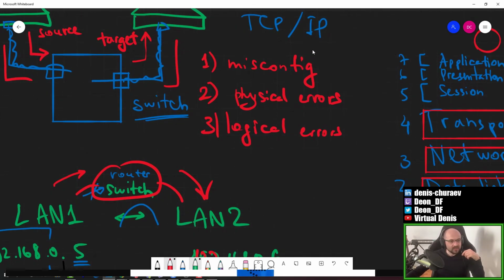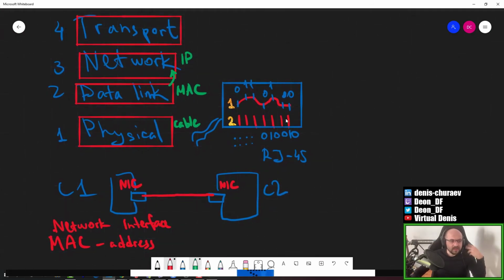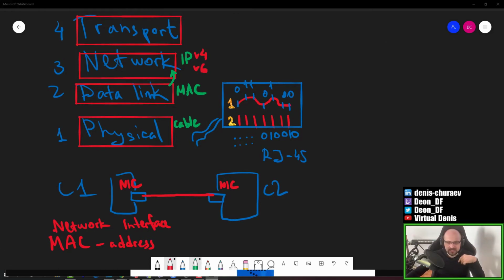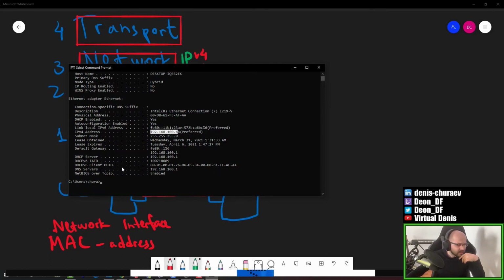Okay, so the IP address exists on the network layer. And there are actually two types of IP addresses, IPv4 and IPv6. I can show you again. I don't have it disabled. So I have IPv4 here, 192.168.106. And I also should have IPv6 somewhere if it's not disabled. Let me see.